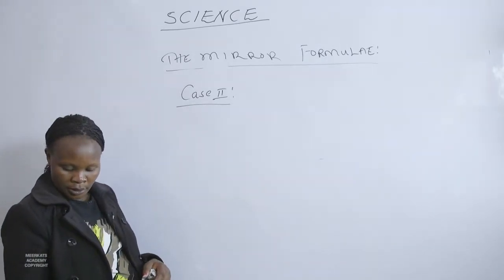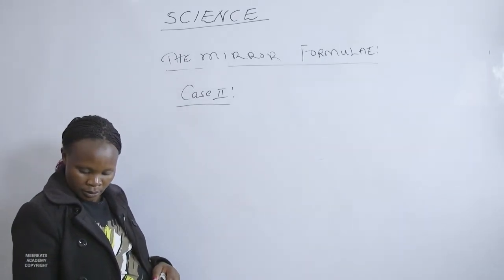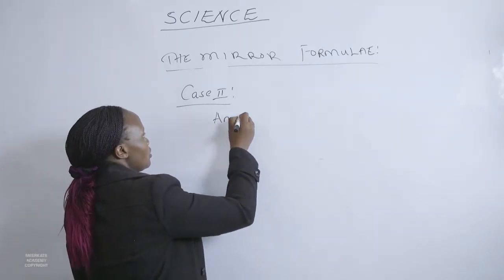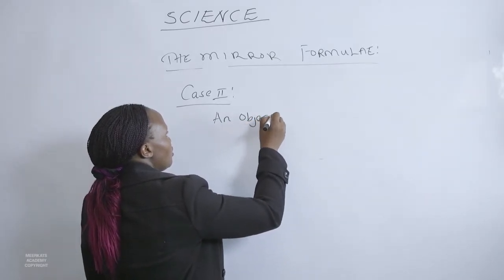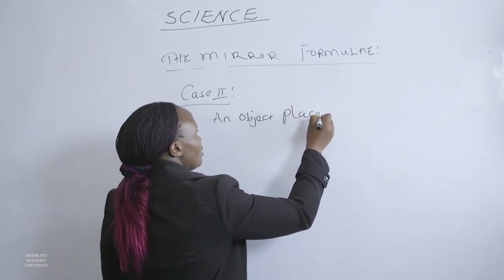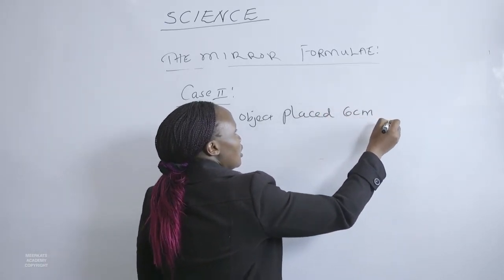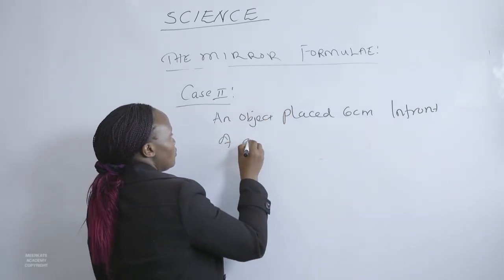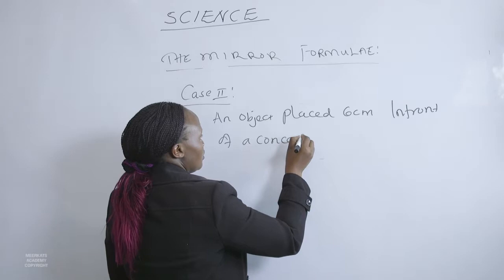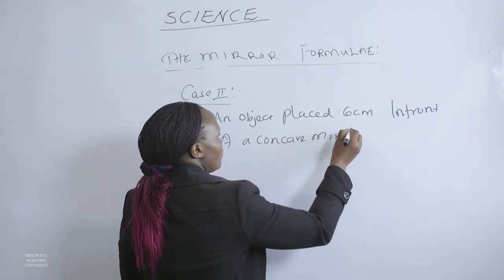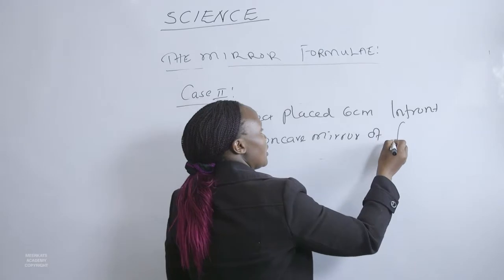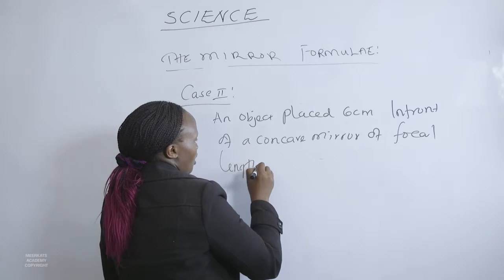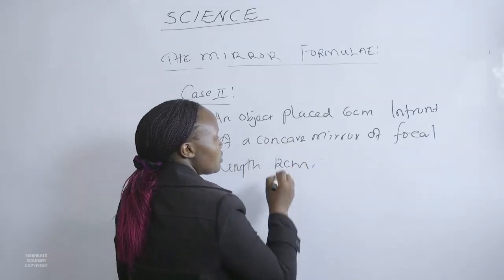Case 2 now is an object placed 6 centimeters in front of a concave mirror of focal length 12 centimeters.